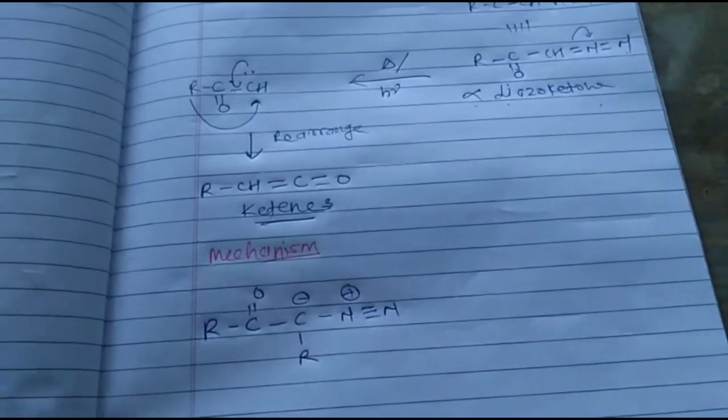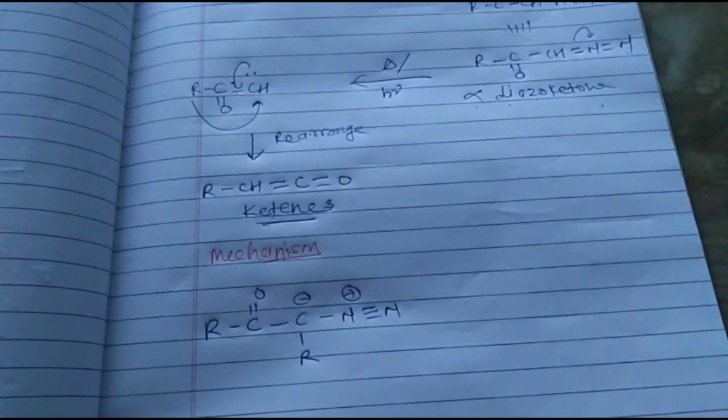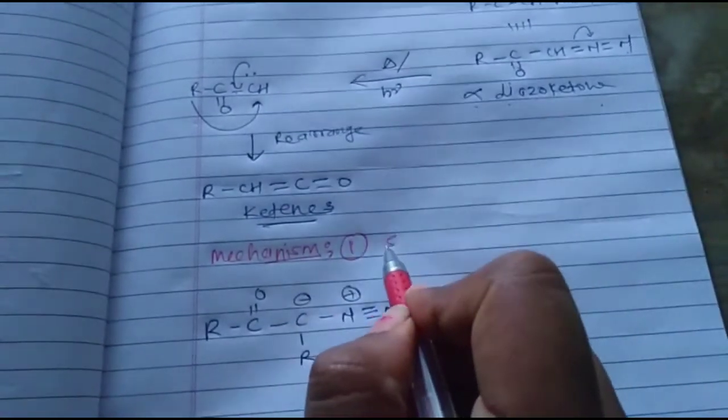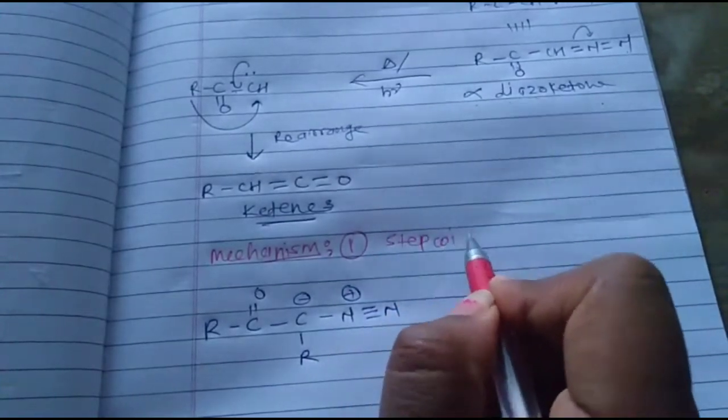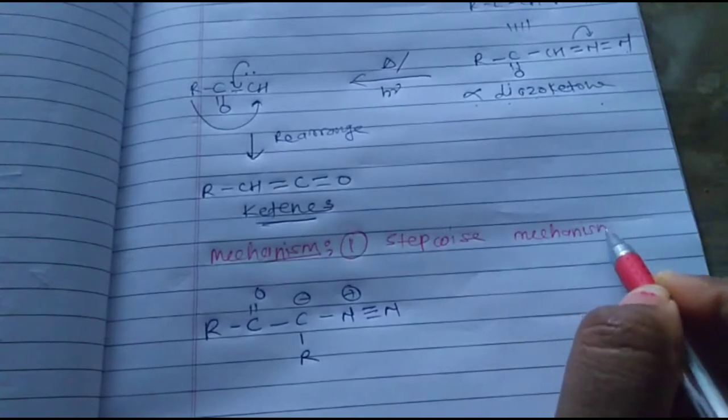The formation of the ketene is done by two mechanisms. The first mechanism is the stepwise mechanism.